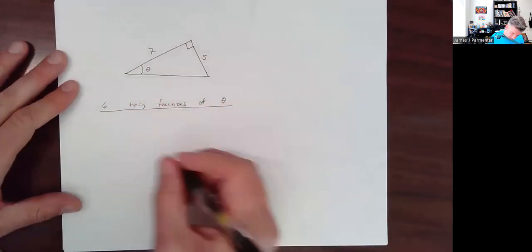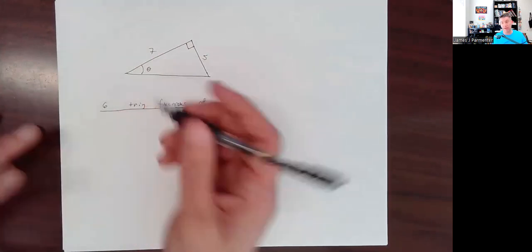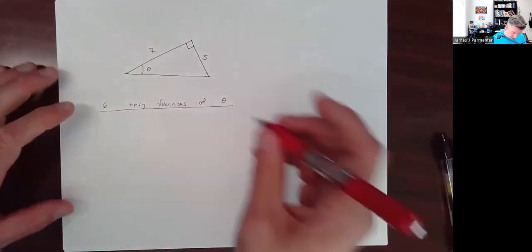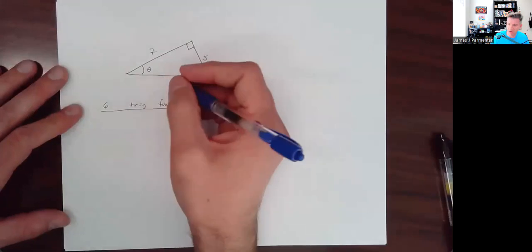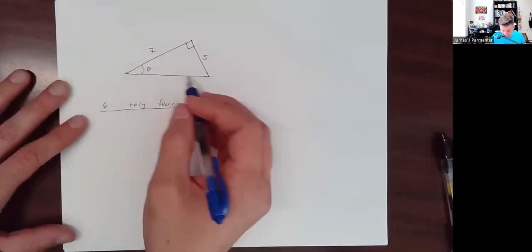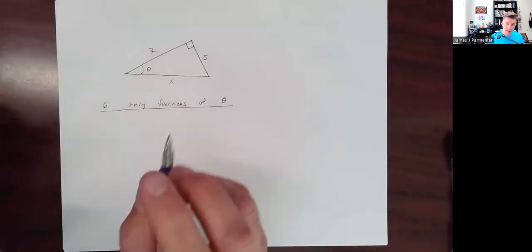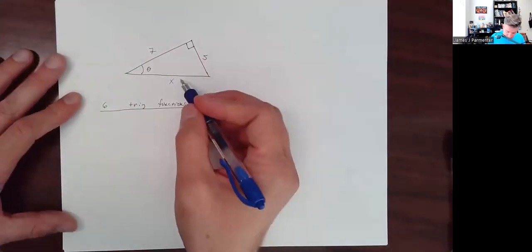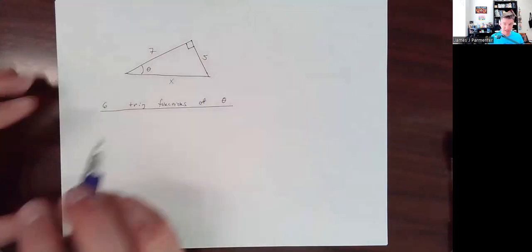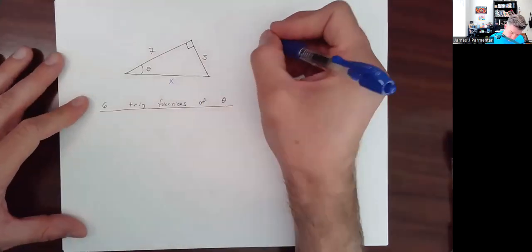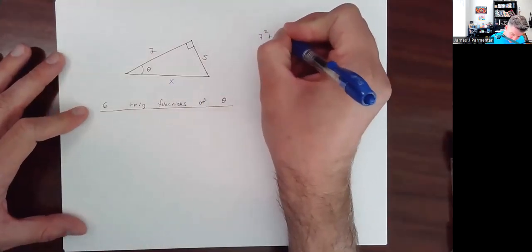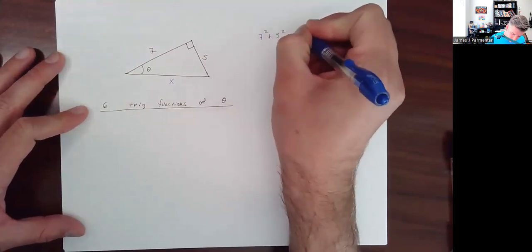So first we have to find the missing side. So let's call that x or y or hypotenuse, whatever you want to call it. I like x. x is kind of the standard choice. So here, different than last time, the missing side is the hypotenuse. So that's the one that goes by itself. So the equation we're going to be solving is 7 squared plus 5 squared equals x squared.